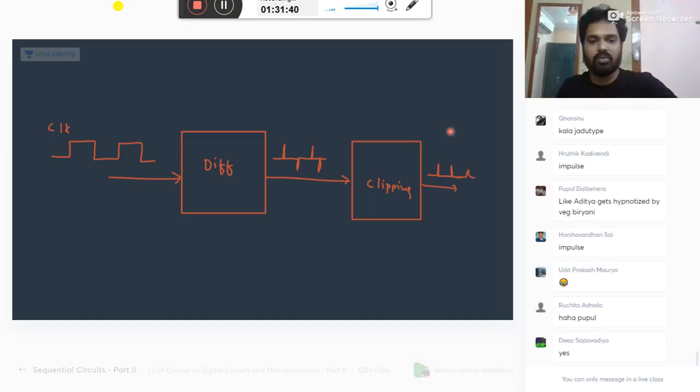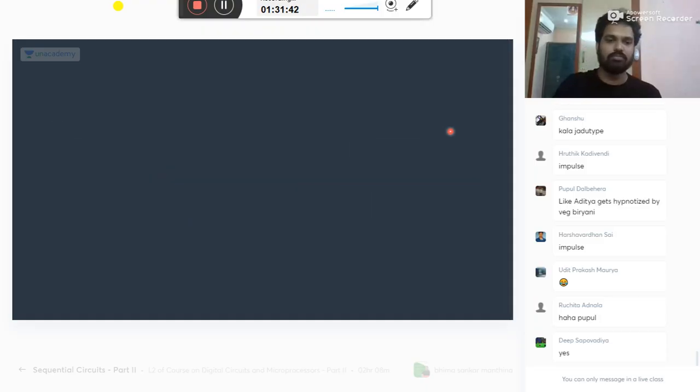Or another simple way to do this, let me do it. See the beauty of this. This is having some very little propagation delay. If you apply this input, what happens?